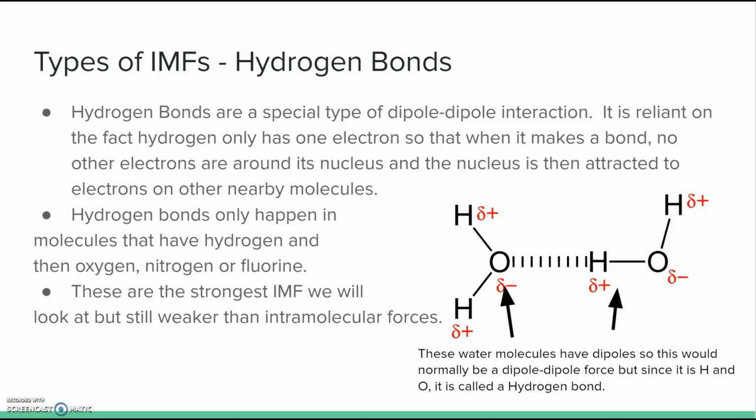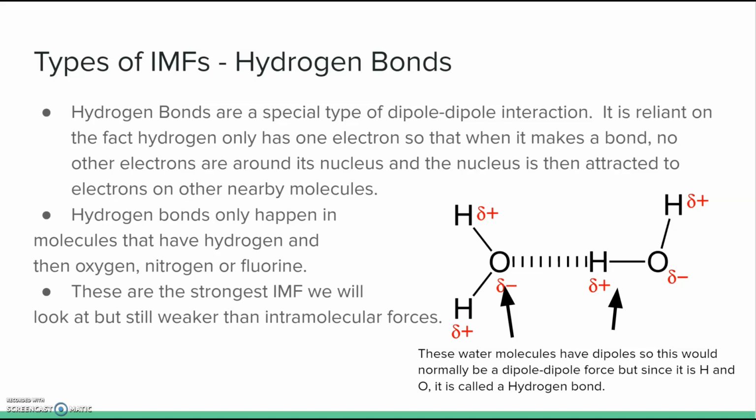Hydrogen bonds. Hydrogen bonds are a special type of dipole-dipole interaction. It is reliant on the fact that hydrogen only has one electron, so when it makes a bond, no other electrons are around its nucleus, and its nucleus is then attracted to electrons on other nearby molecules. Hydrogen bonds only happen in molecules that have a hydrogen bonded to oxygen, nitrogen, or fluorine.